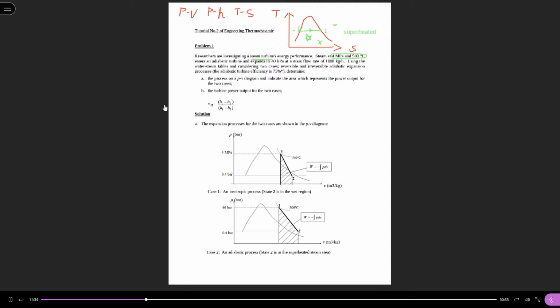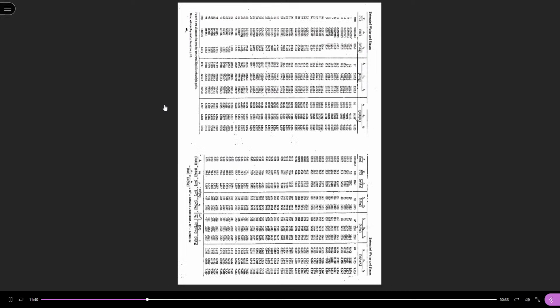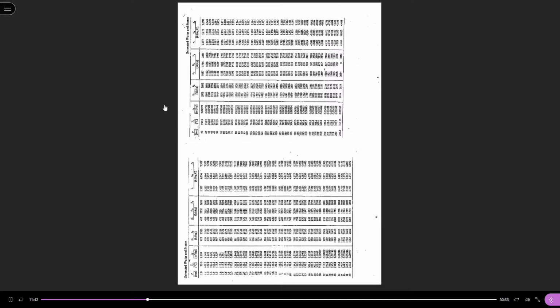So for the table, you can download the file from our folder. If it's 4 megapascal, then the pressure is 40 bar.